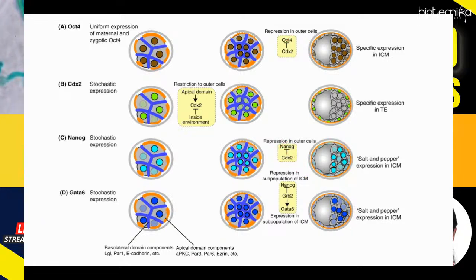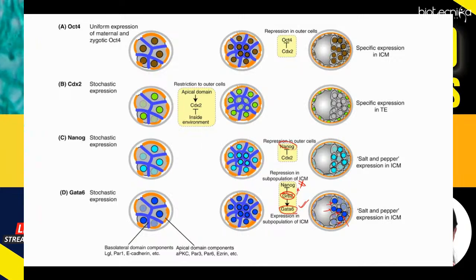But one more molecule will inhibit nanog, which is GRB2. Now GRB2 will not be there in all the cells. Whichever cells have GRB2, they will promote the development of GATA6 but inhibit nanog. That is why, in these dark blue, navy blue cells, all these cells have GRB2 expression, but they don't have nanog because GRB2 inhibits nanog.